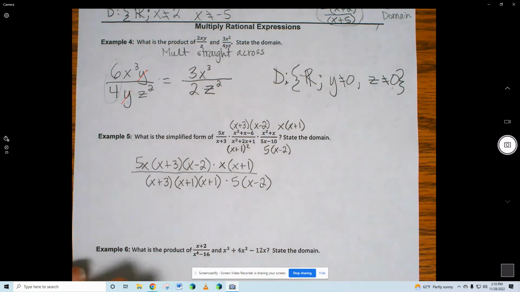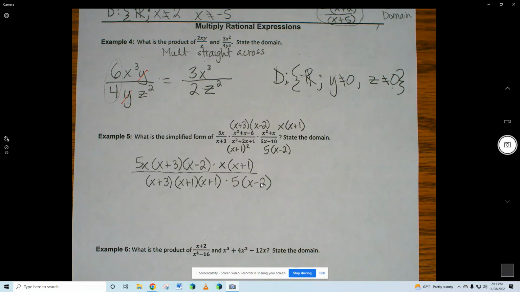Okay, so I put everything together. Notice I'm not foiling. I'm not making it some giant trinomial because that's not going to help my case. When I keep it simple and factor it before, then it's a lot easier to cross things out. So please factor right away.